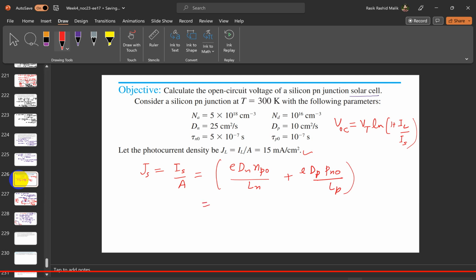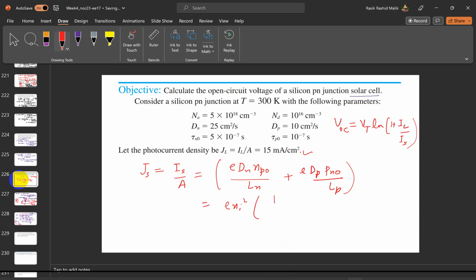Or we can write it equal to E Ni square, because np0 can be computed from Ni square divided by the doping. So Ni square I have taken out, so that is now simply Dn by Ln into the doping, similarly Dp by Lp into Nd.